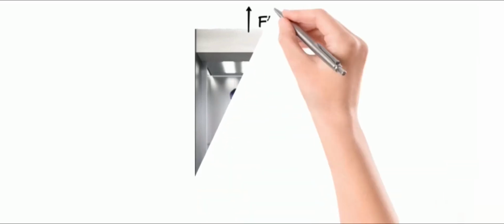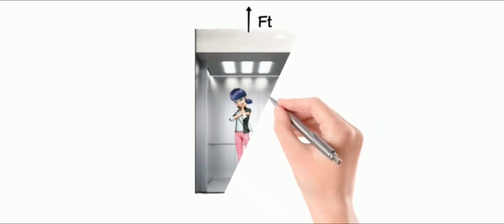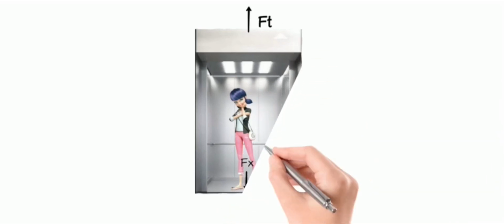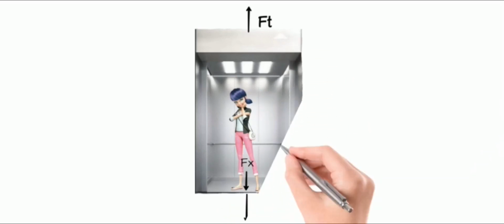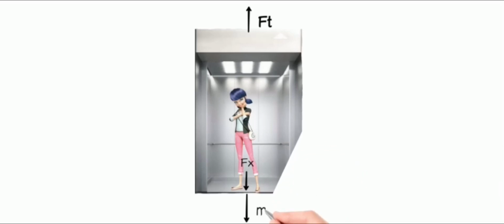Even though we draw what looks like an empty elevator, to construct the free body diagram we have to remember that in this case, you are in the elevator exerting a downward force on it. How do we represent this on the free body diagram? Newton's third law is helpful.